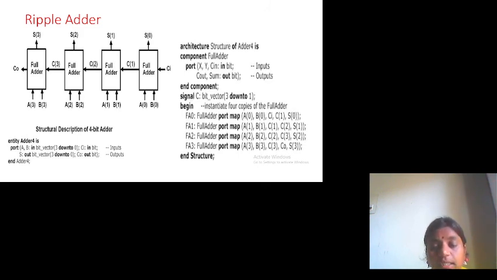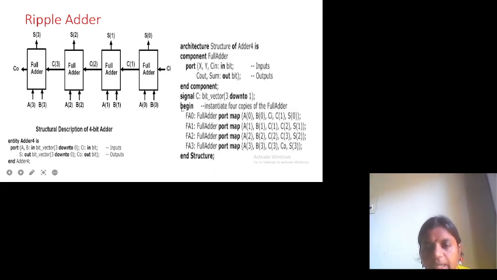Signal C, bit_vector 3 down to 1, so C of 1, C of 2, C of 3. Here 3 intermediate signals are there, where C0 is declared as an output port and Ci as an input port.